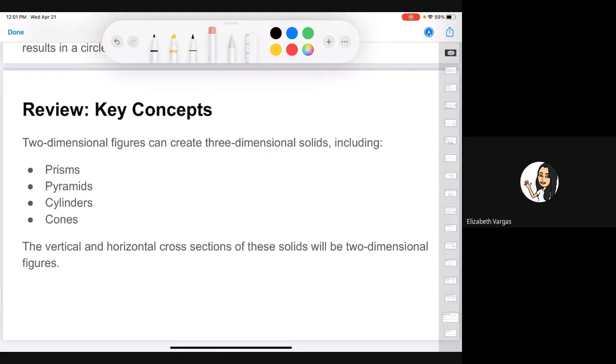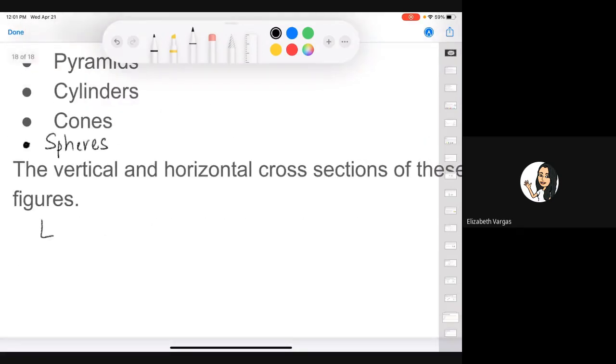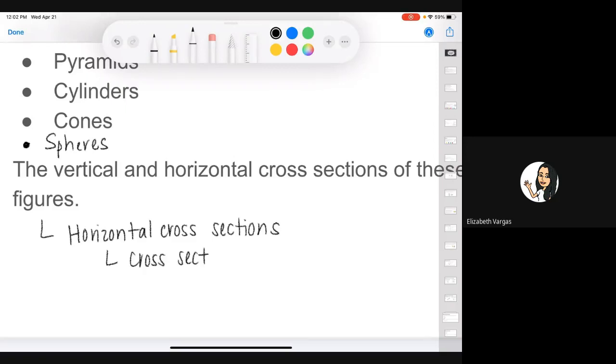Okay, so two-dimensional figures can create three-dimensional solids, which we looked at today. We looked at prisms, pyramids, cylinders, cones, and we also looked at spheres. We looked at the vertical and horizontal cross sections of these solids, which will form two-dimensional figures. Remember that if we have a horizontal cross section, specifically of a figure that sits at its base, then its cross section will be the same figure as its base.